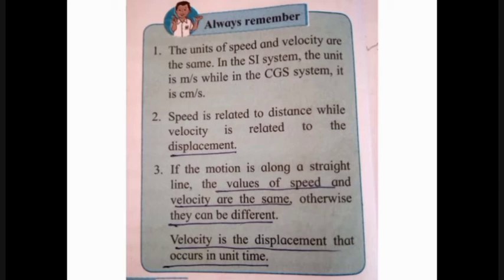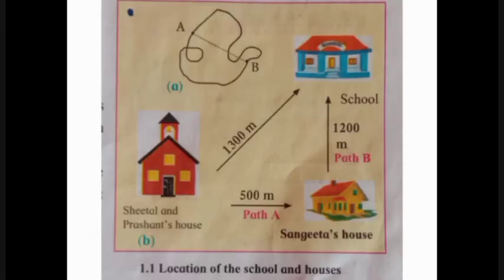And in the last lecture, we have studied that when Sheetal started her journey towards Sangeeta's house along a path A, she covered a distance of 500 meters in 5 minutes.